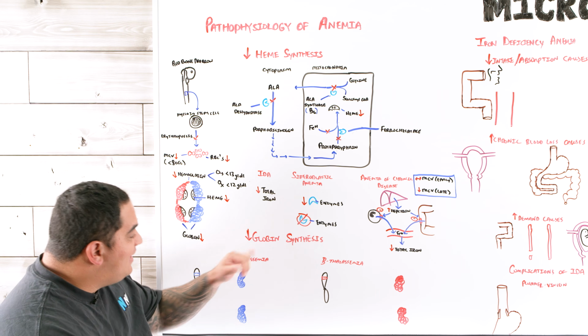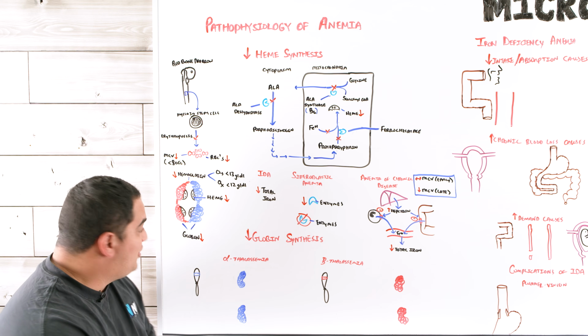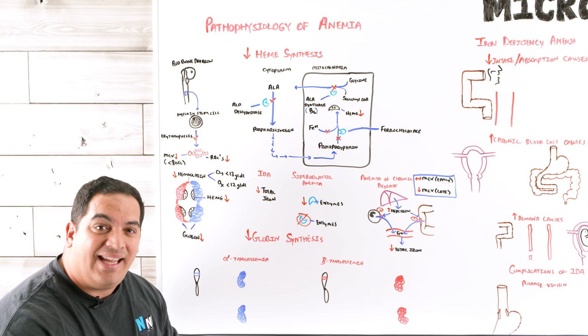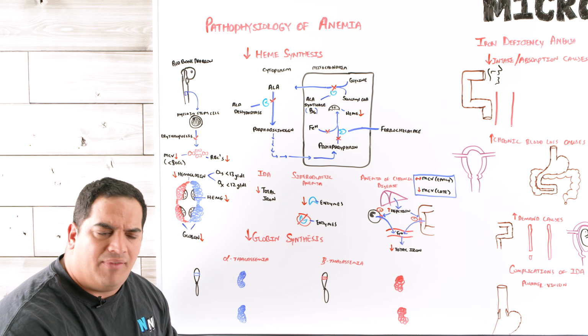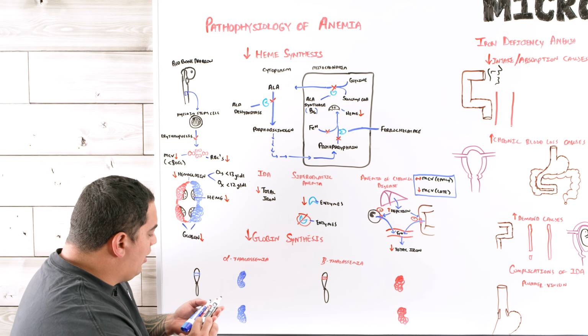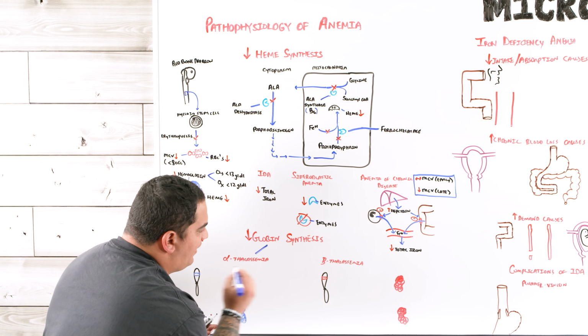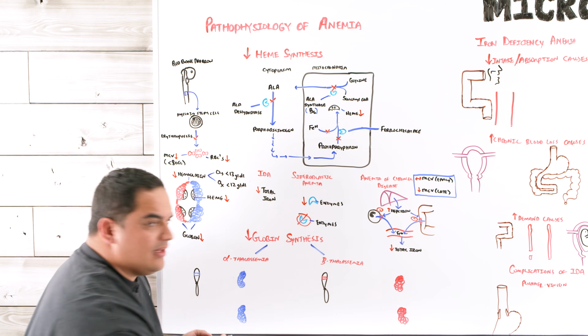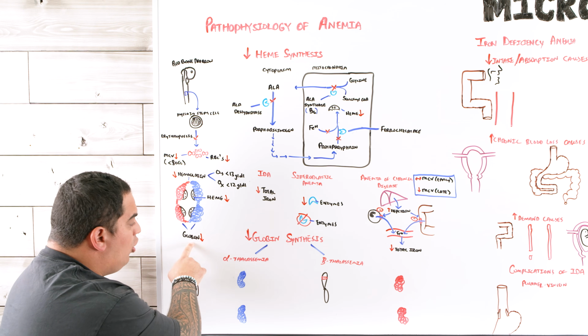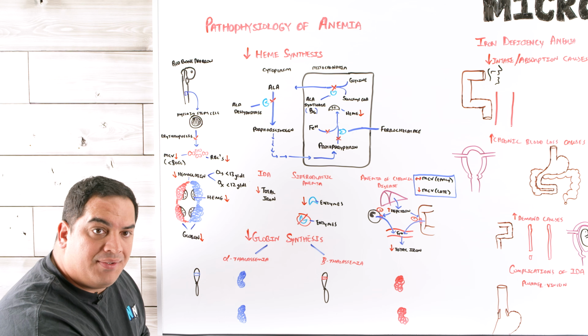Now, decreased globin synthesis is you're losing the globin chains. You're not making them, or you're not making enough of them. And this comes down to two parts. So globin synthesis defects can be alpha thalassemia and beta thalassemia. And that's because when you look at globin, there's alpha chains and beta chains.